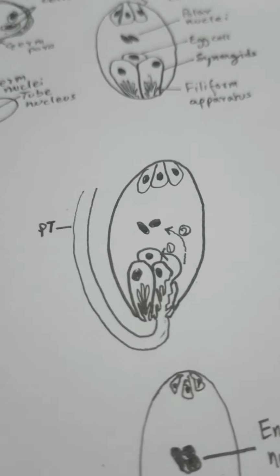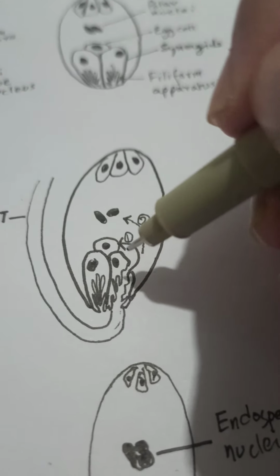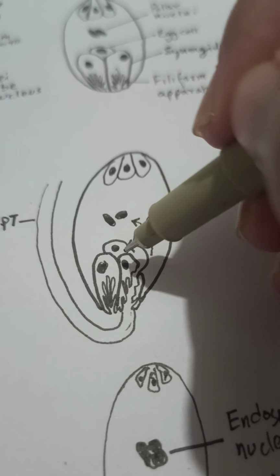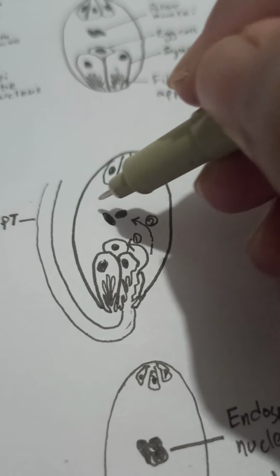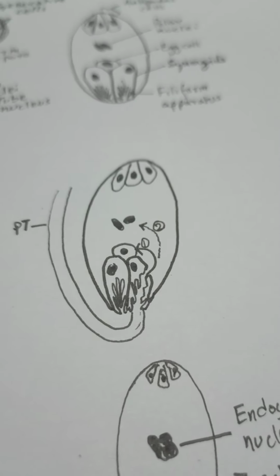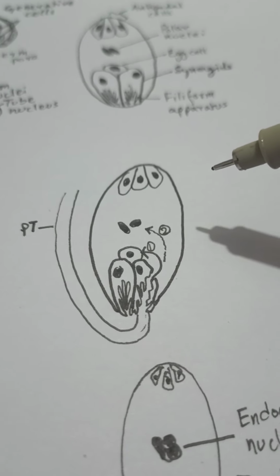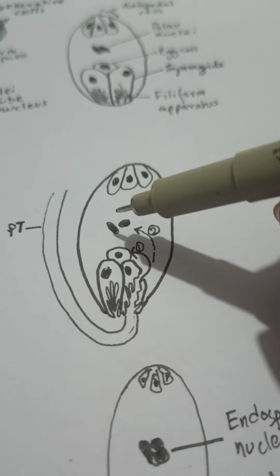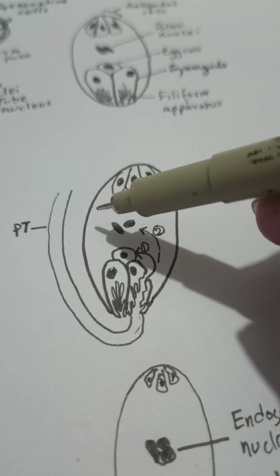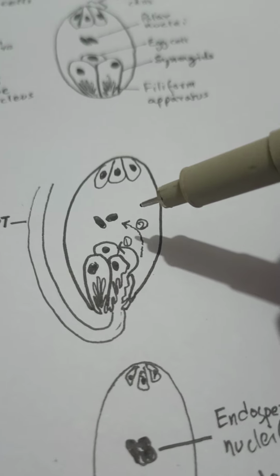So what we are seeing here is two steps of fertilization taking place. One where the egg is fertilized, the second where the polar nuclei are fertilized. Since two steps of fertilization are taking place, this process is called double fertilization. Not only that, the fertilization of the polar nuclei is sometimes also called the triple fusion step.